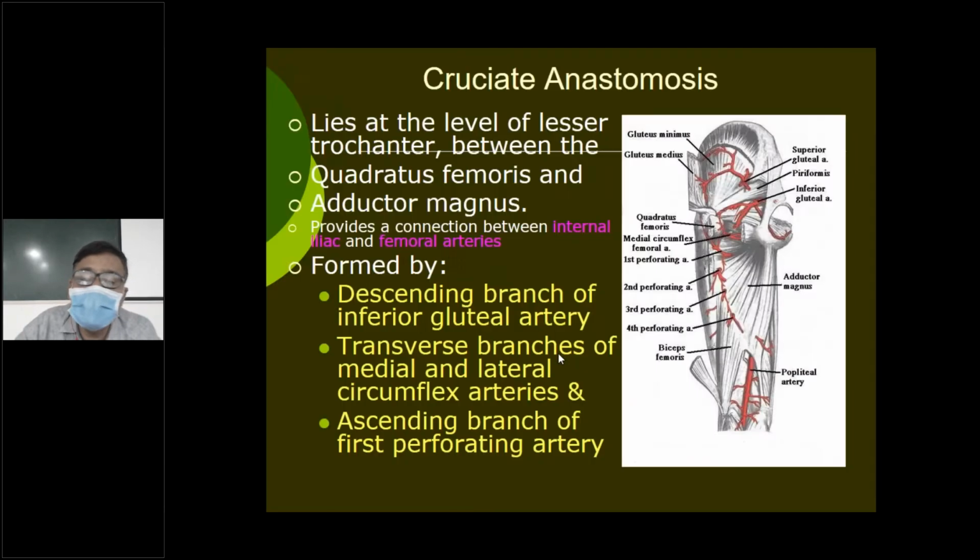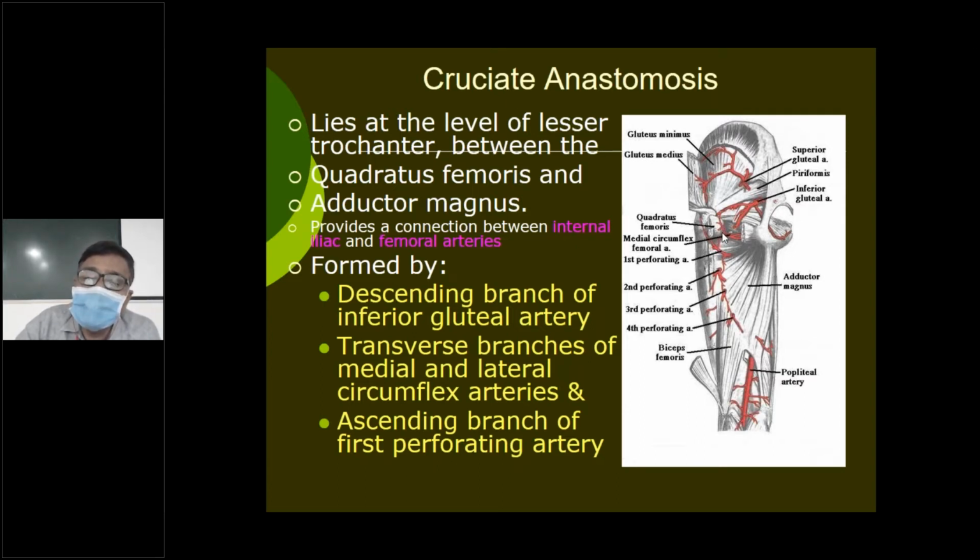How is it formed? As I told you, it's plus shaped. So we expect branches from above, from below, medially, laterally. From above, the descending branch of the inferior gluteal artery. From medially and laterally, transverse branches of the circumflex femoral arteries. And from below, the first perforating artery, and from here, one ascending branch.